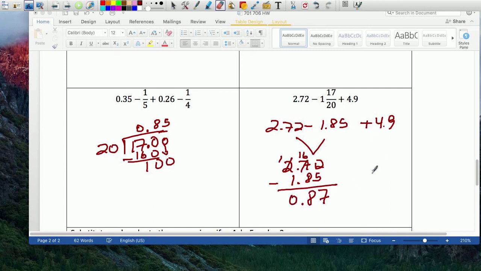Now I get to add 4.9, and I'm going to just bring that down here. Line up your decimals again. 4.9 plus, let's add a placeholder here just to make it nice and even. 7 plus 0 is 7. 8 plus 9 is 17. Carry 1. 5.77, which I believe is what we got. We got something like this when we did it as a fraction. So you can tell that these two are the same.